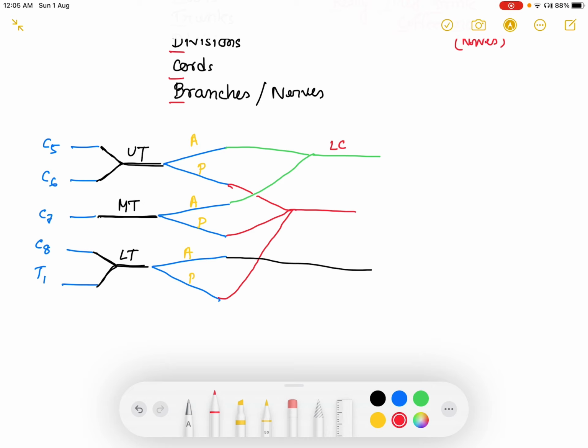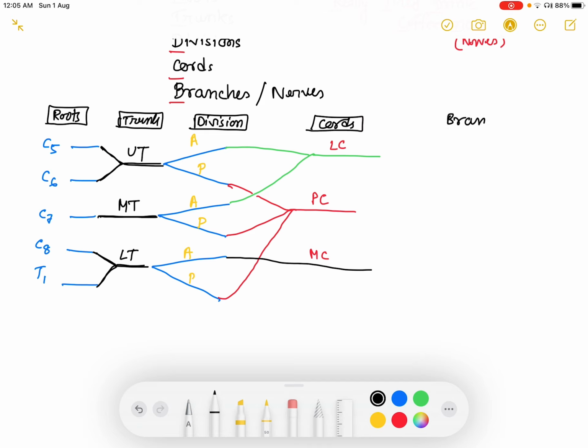The posterior divisions of all the trunks join to form the posterior cord. And the anterior division of the lower trunk itself forms the medial cord. So this part is roots, after roots this is trunk, these are the divisions, anterior and posterior, then these are cords. And after cords, the last part of brachial plexus is branches or nerves.